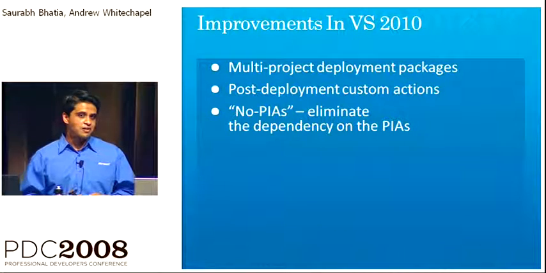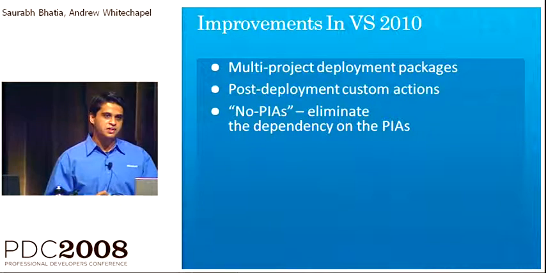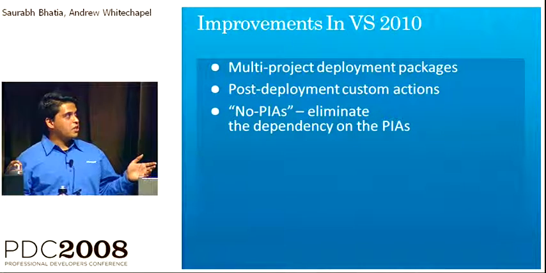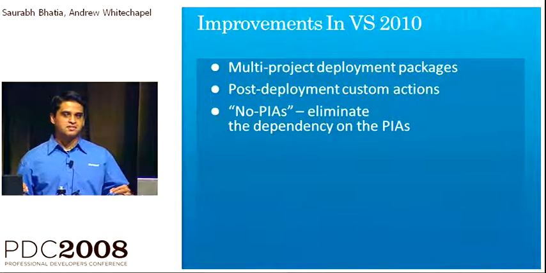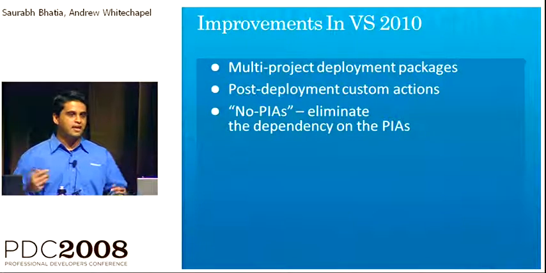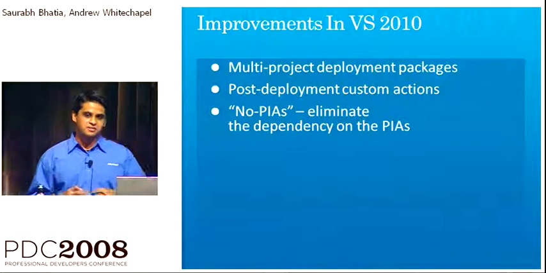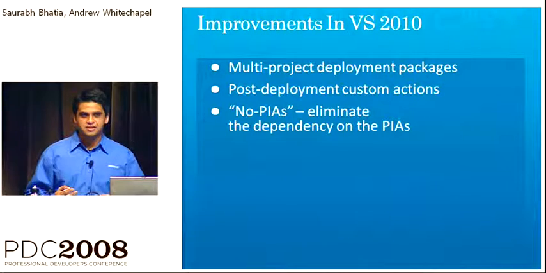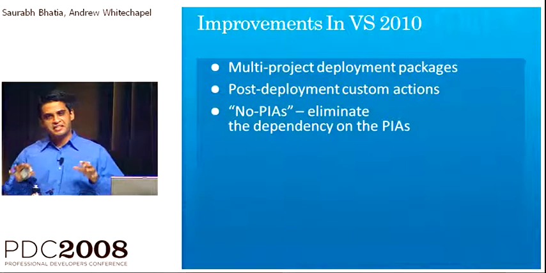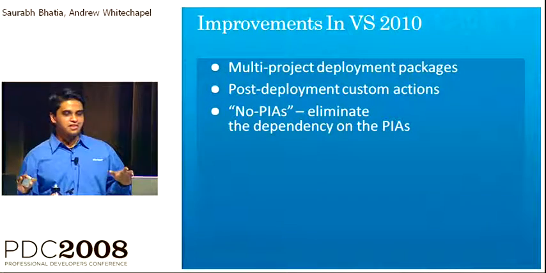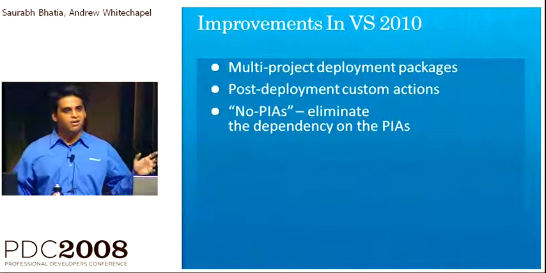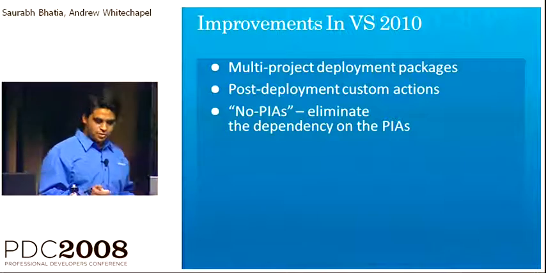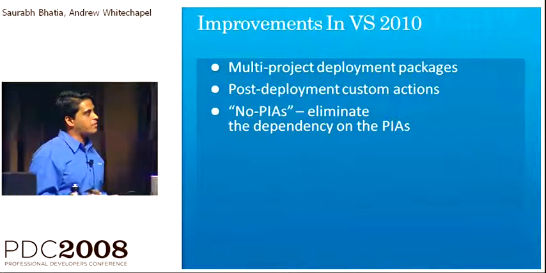The second feature we call post-deployment actions, which allow you to write your own custom action and tweak the ClickOnce deployment process in the way you see fit. And finally, the last feature is something we've been calling no PIAs, which promises to eliminate the whole need for having primary interop assemblies at all at runtime. So you're not going to need that prerequisite at all. So let's start digging into what all these 3 new features are about.